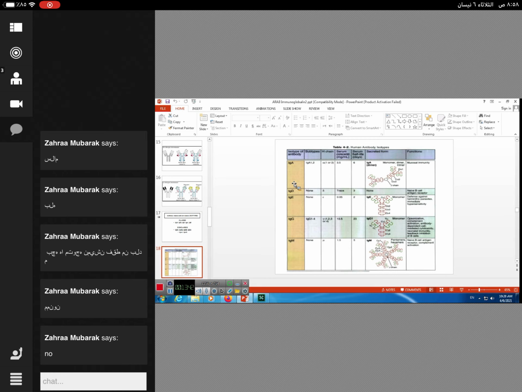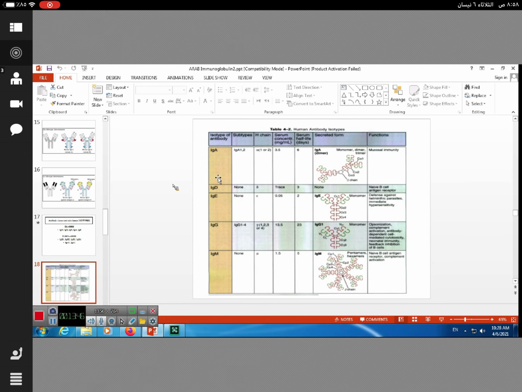In this figure, we can see different aspects of different types of antibody molecules: heavy chain, serum concentration, serum half-life, secreted form, and function.